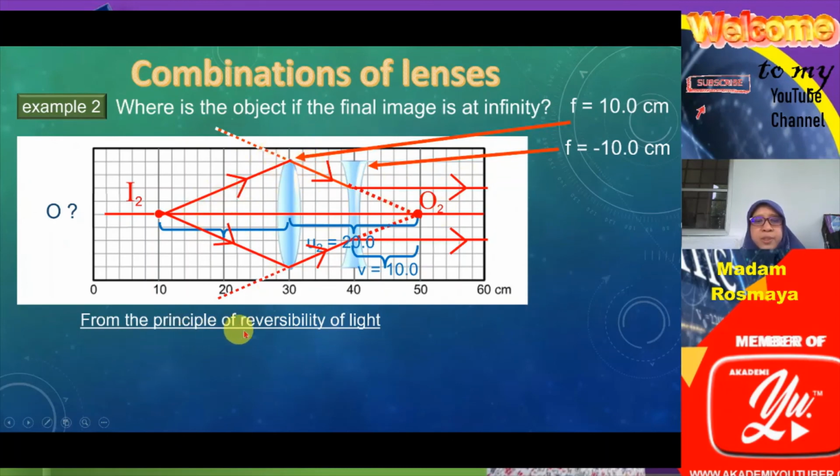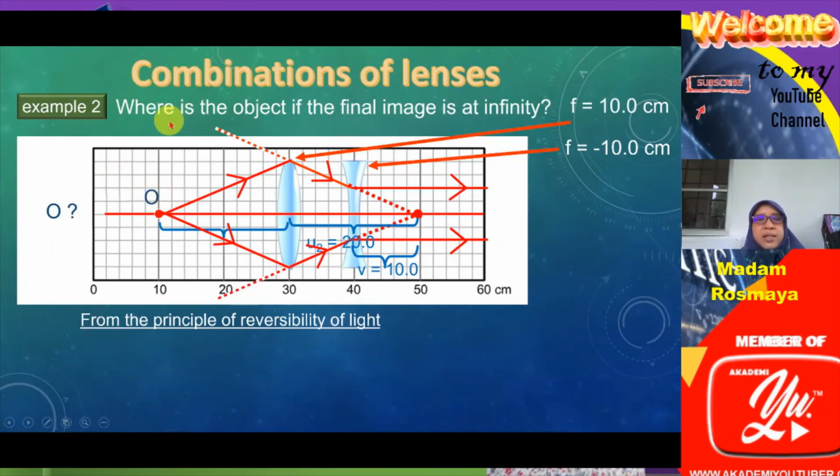So this is the actual direction of the ray. The image just now we rewrite as the object. This is where the object is supposed to be.